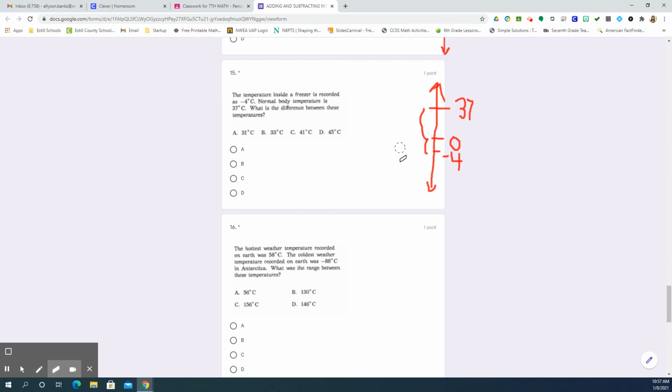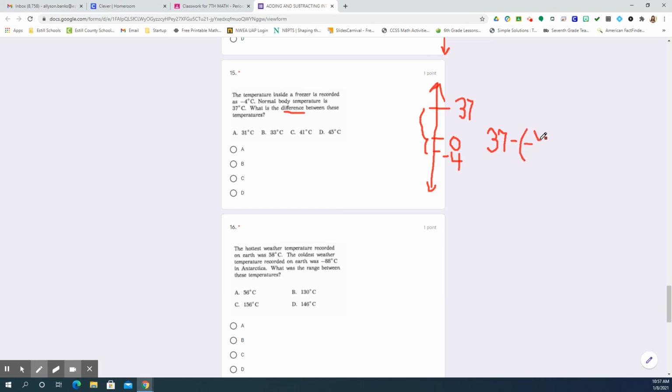And if you want to make it an equation, since the word difference is there, and you know you're subtracting, you say 37 minus, not minus 4, but minus negative 4.